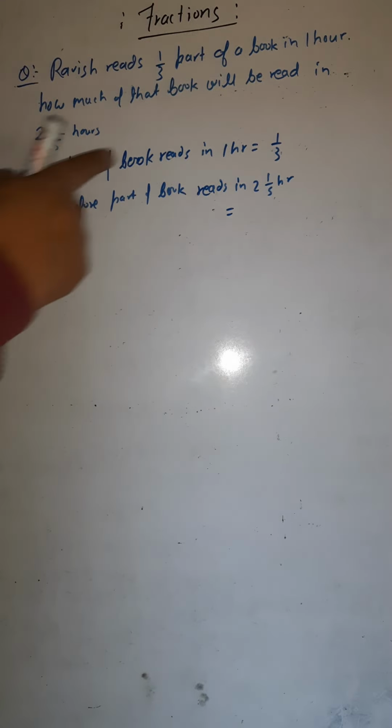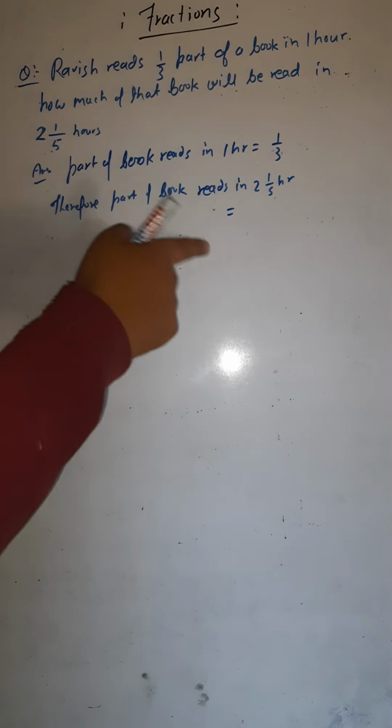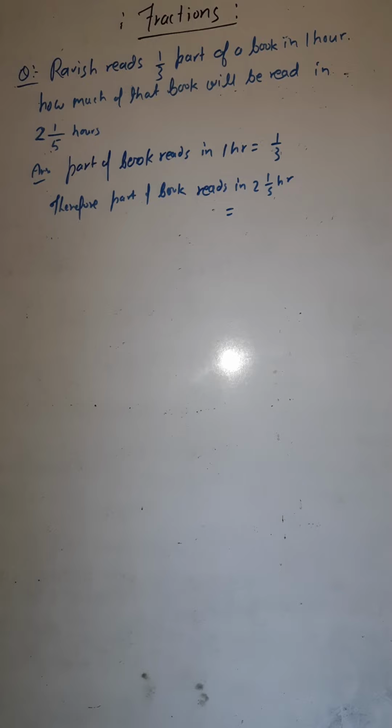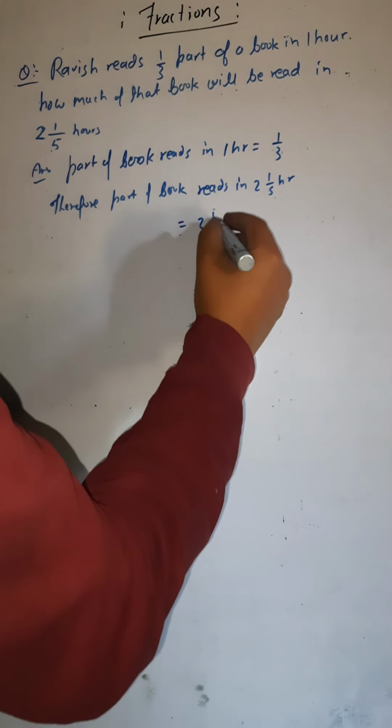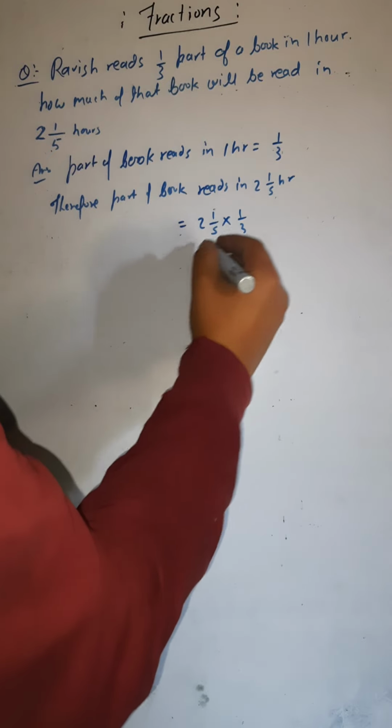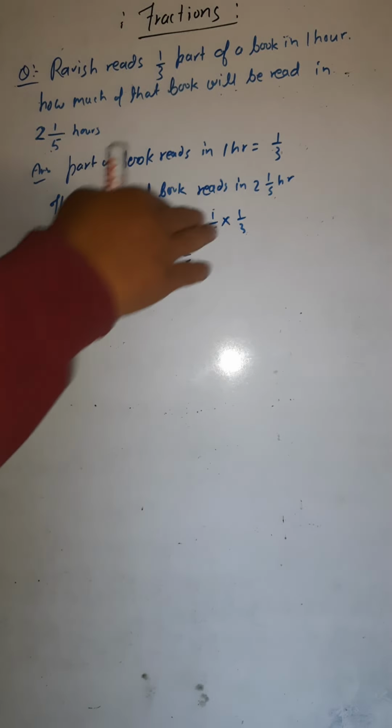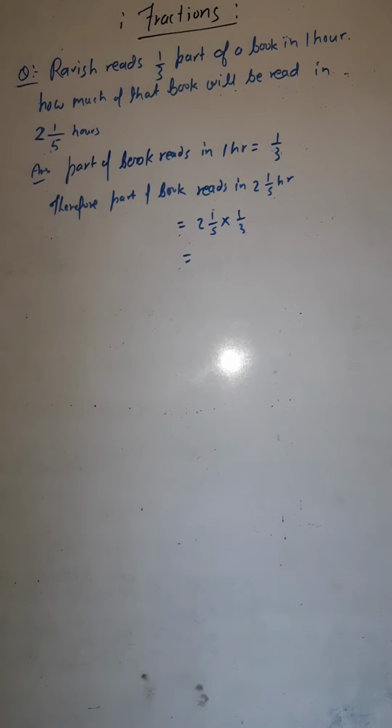Tell me. For 1 you have been given, for more you have to find out. So what would you do? You would multiply this and this. So answer would be 2 whole 1/5 multiply 1/3. You would be getting your answer. So this is the part which the Ravis would read in 2 whole 1/5 hours.